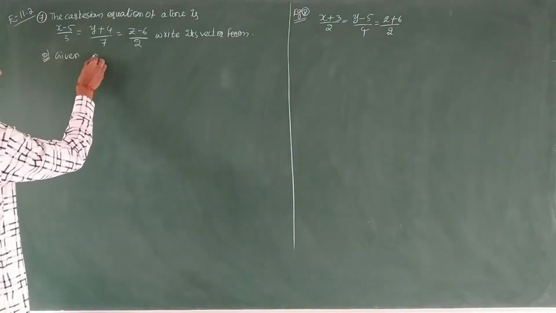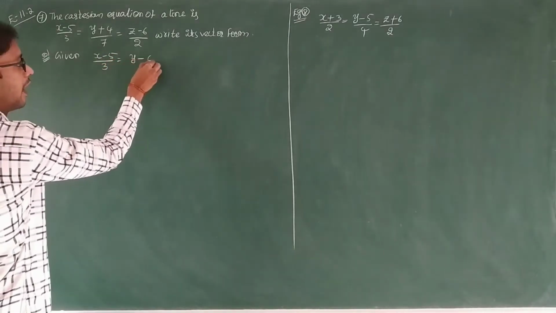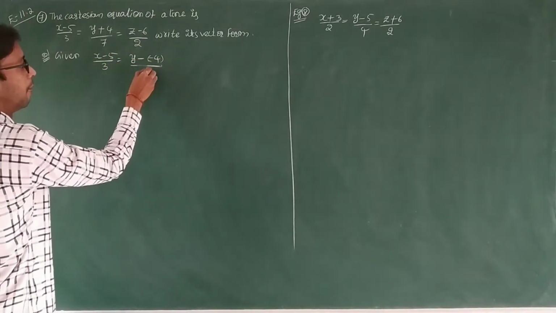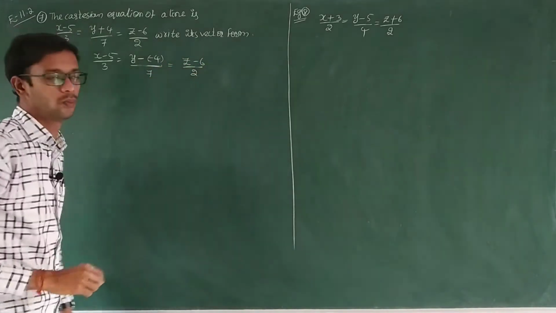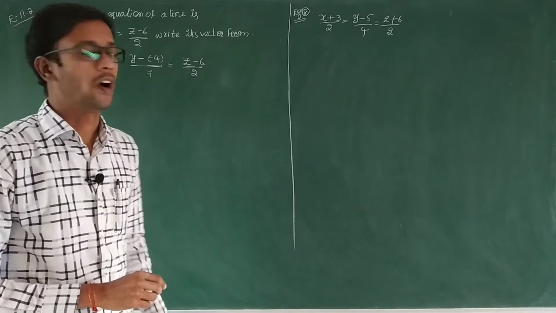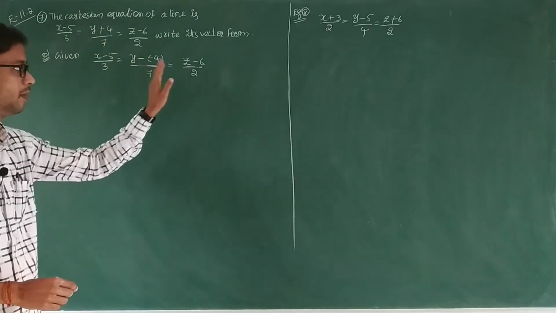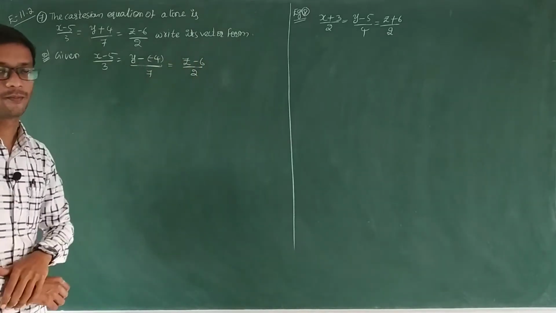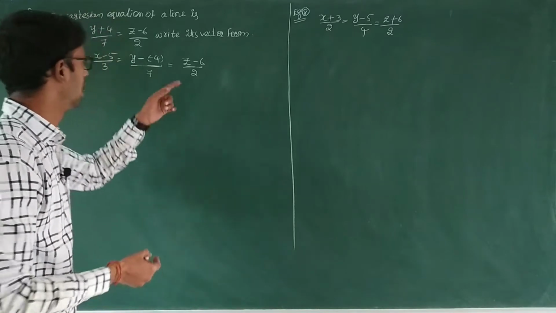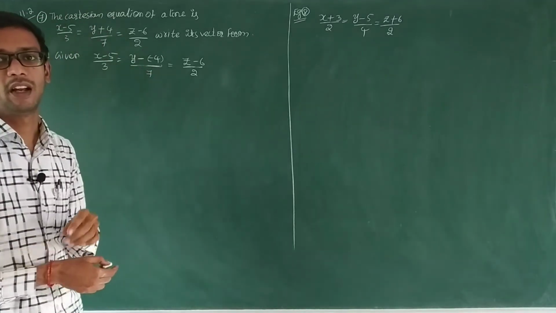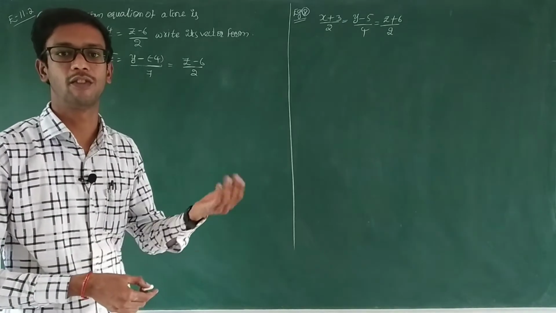The Cartesian line equation is (x-5)/3 = (y-(-4))/7 = (z-6)/2, in standard form. Compare with (x-x1)/a, (y-y1)/b, (z-z1)/c, then you get x1, y1.